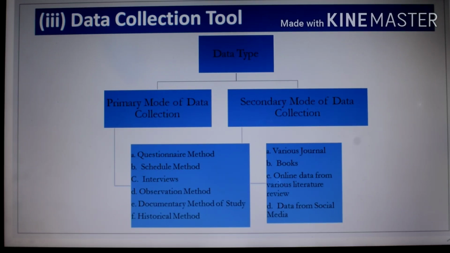That comes under the primary mode of data collection. If you talk about the secondary mode of data collection, it is given here: various journals, books, online data, literature review, data collection from social media, etc. That is the secondary mode of data collection.